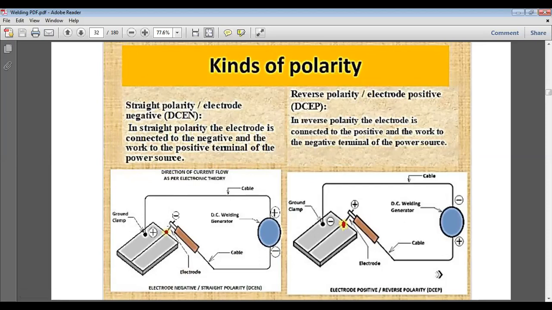The electrons strike the job at a high speed, and this way two thirds of the total heat is generated at the anode. So this produces more heat, and when we have metal of less thickness, and also a lower melting temperature, we reverse the polarity in order to save our metals.